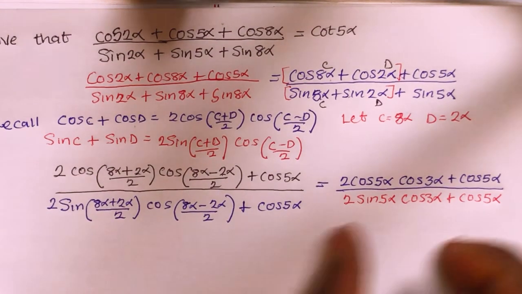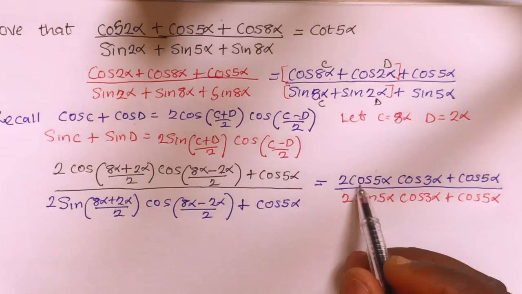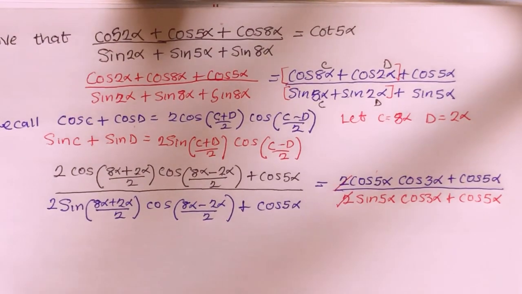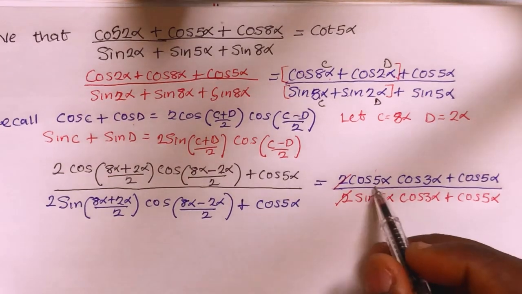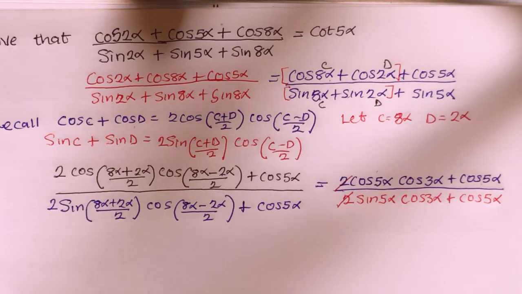Then let's rewrite this so that we simplify it and have a final answer. Looking at this, I'm having cos 5 alpha here. This can cancel this out. Cos 5 alpha is there, cos 5 alpha is there. I can choose to factorize my cos 5 alpha out.